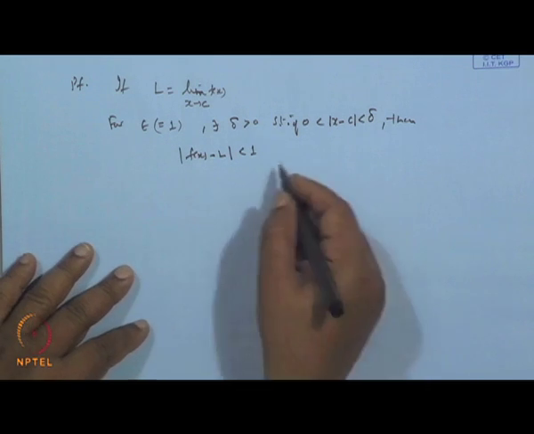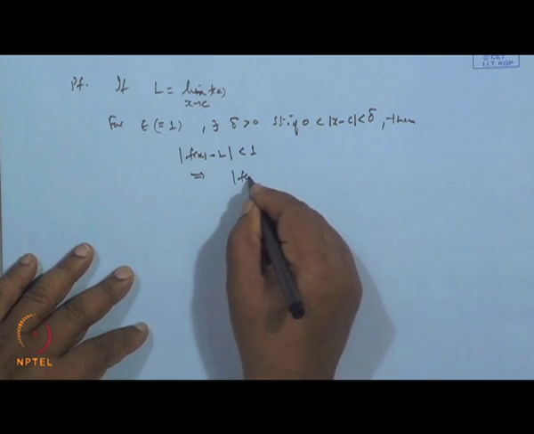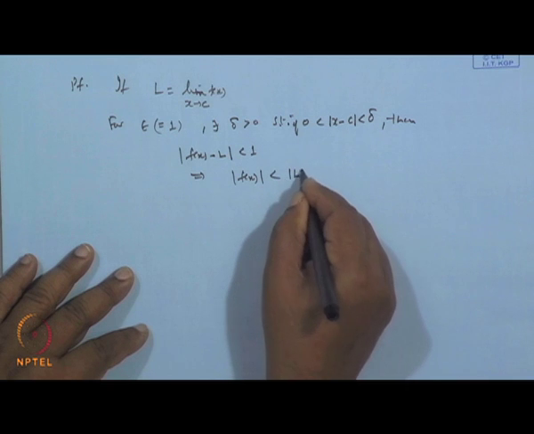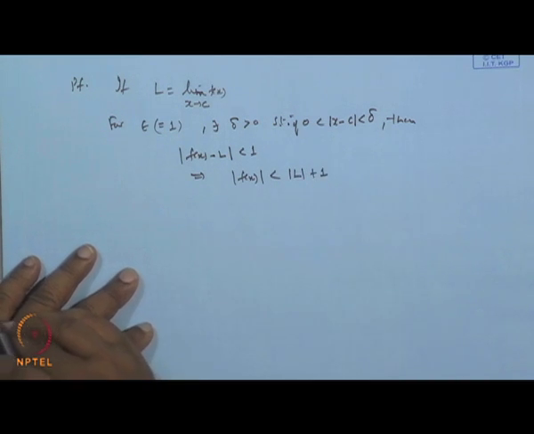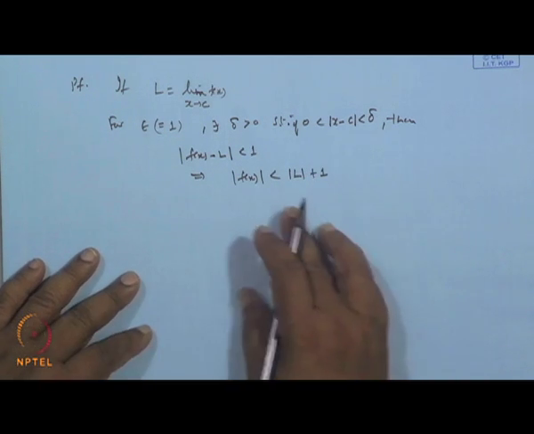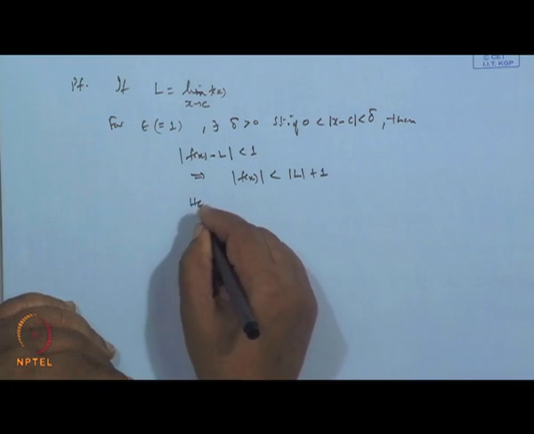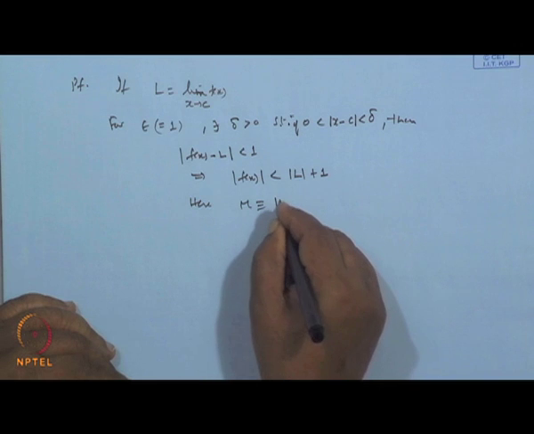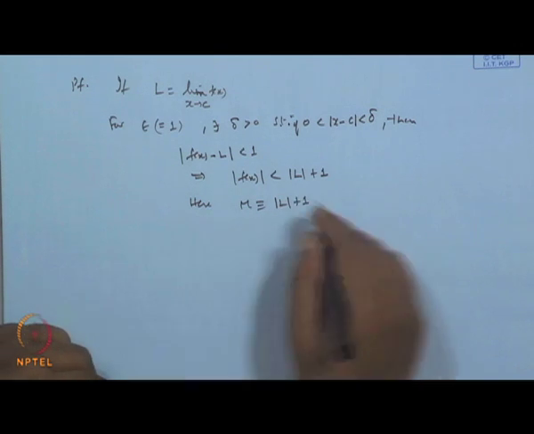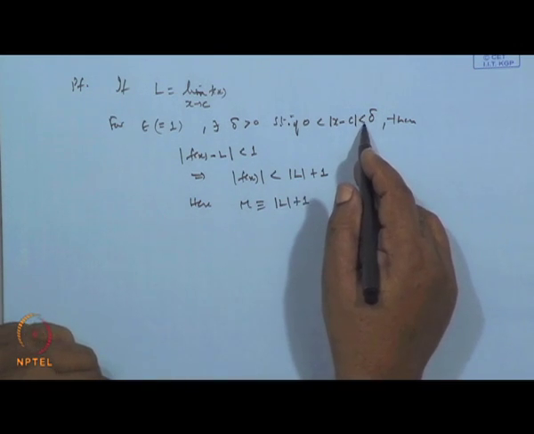Now, from here can you not say that |f(x)| is less than |L| plus 1. Okay. So, here M can be chosen as |L| plus 1, then for all x in the neighborhood it holds.